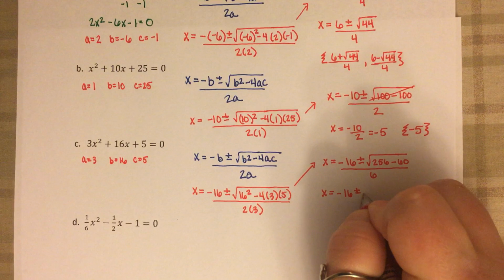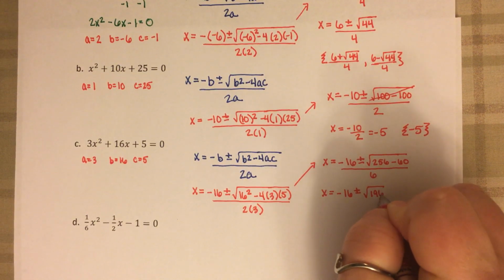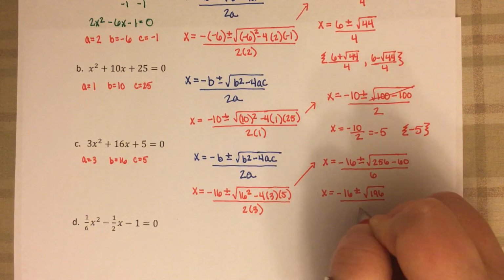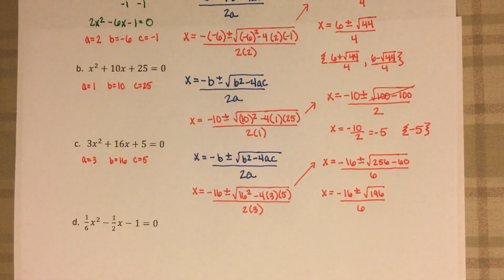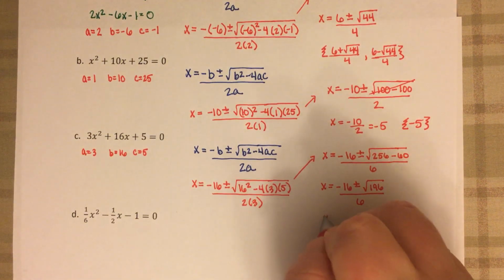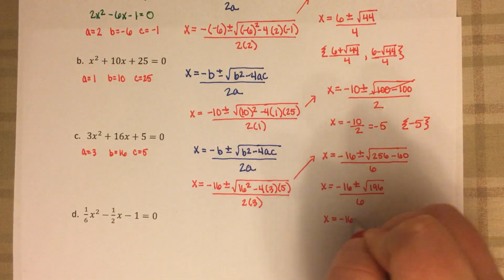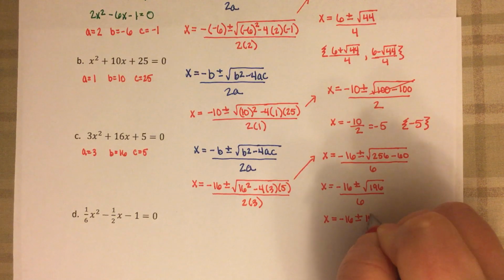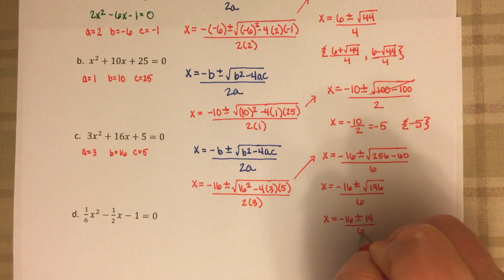So we have negative 16 plus or minus the square root of 196 over 6. Right. Our square root of 196, it's not necessarily a perfect square that we might be very familiar with, but it is, after all, a perfect square. So this x is going to be negative 16 plus or minus 14 over 6.